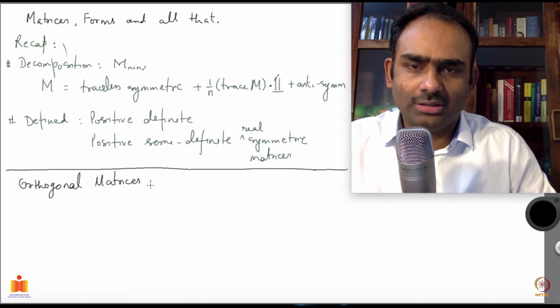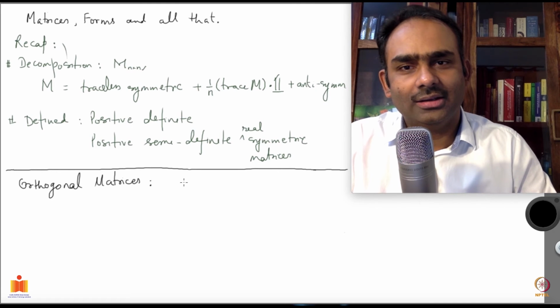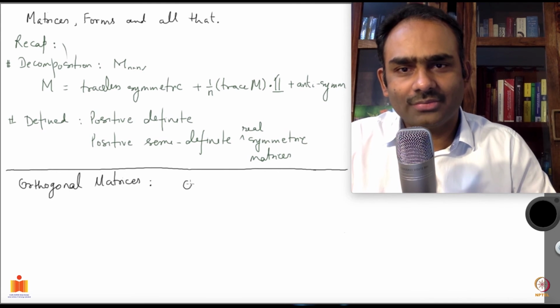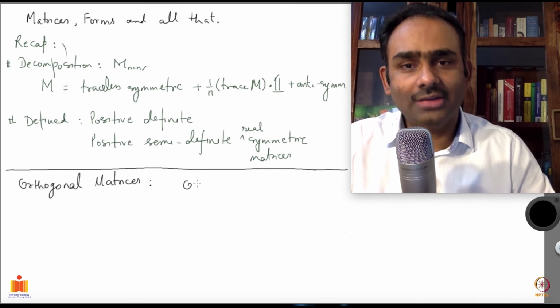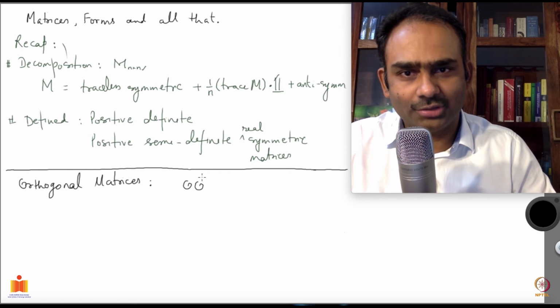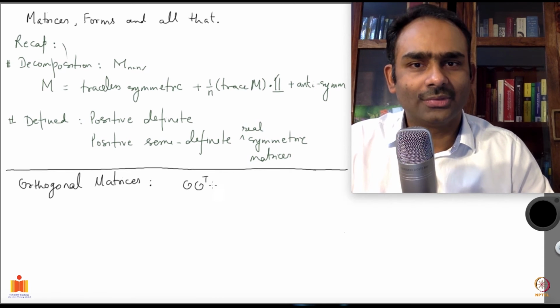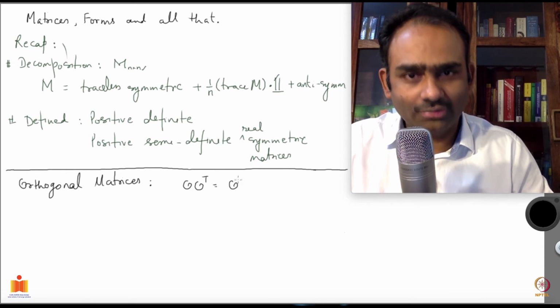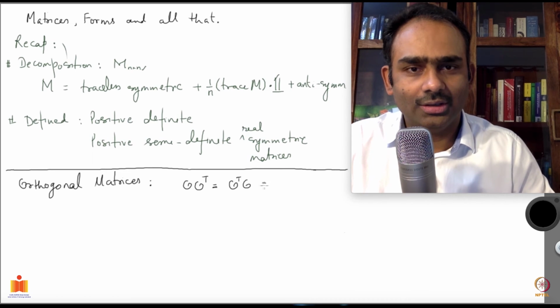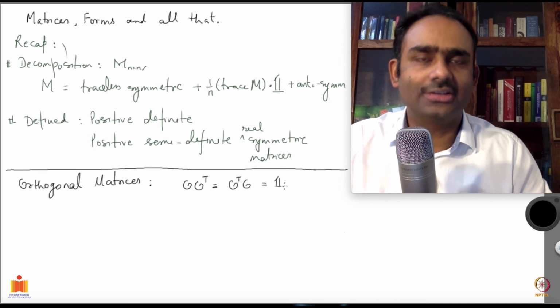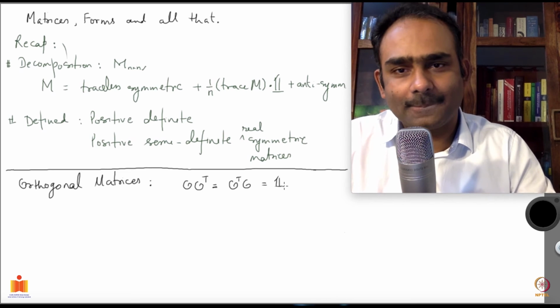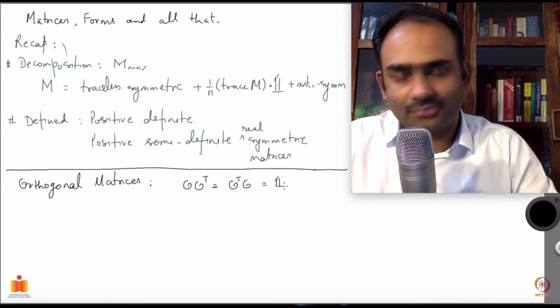So what's an orthogonal matrix? A matrix O is called orthogonal if you take the transpose of it and multiply with it, either from the right or from the left, in whatever order you do, you get identity. That's the definition of an orthogonal matrix.